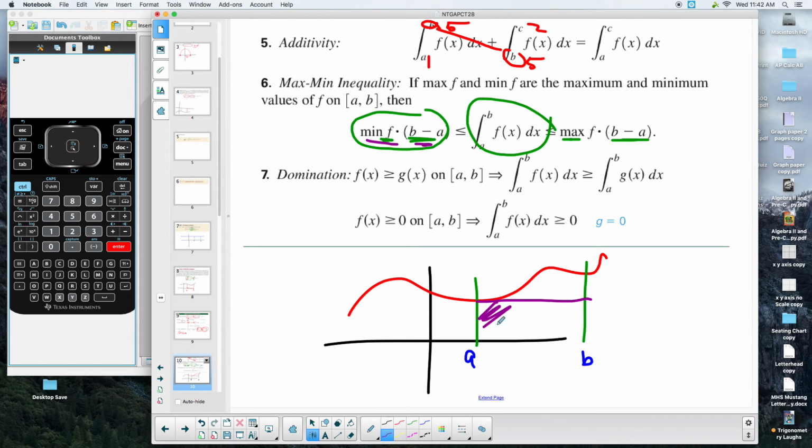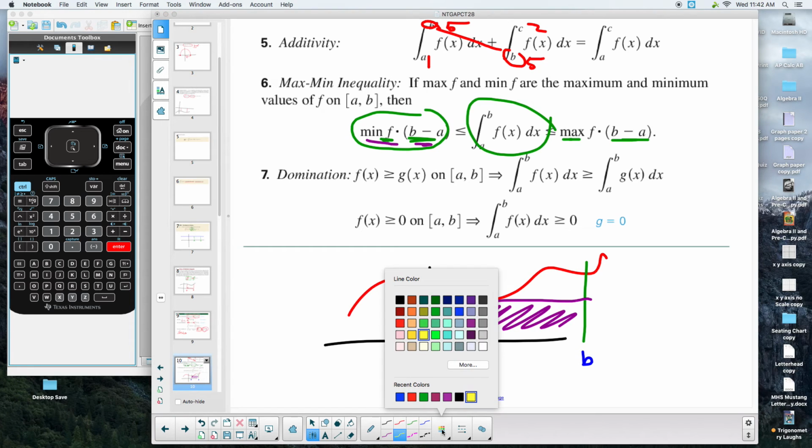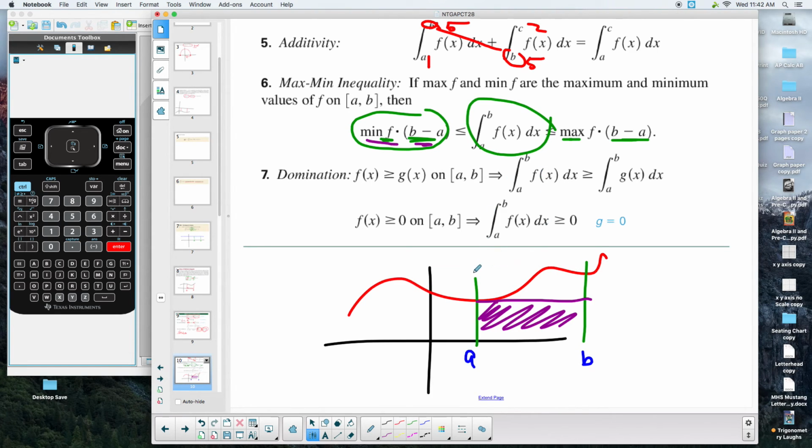That's the smallest rectangle here. And here's the maximum value. There's the maximum rectangle. And you can see the actual value is going to be above the minimum and below the maximum, kind of this part inside there. So that's what that's saying, except that you can find a minimum and a max, and your actual value is going to be in between.